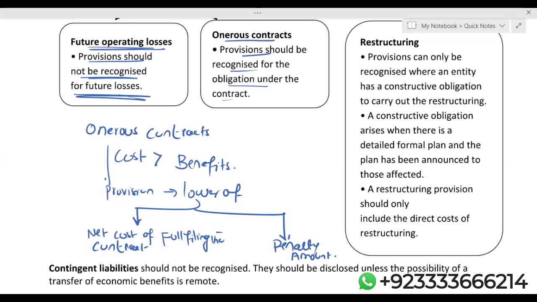But the penalty amount is 1 million. So it's better to bear the loss rather than paying the 1 million penalty. So in case of an onerous contract, one, you have to recognize the provision. The second is the provision will be the lower of the net cost of fulfilling the contract and the penalty amount, whichever is lower.